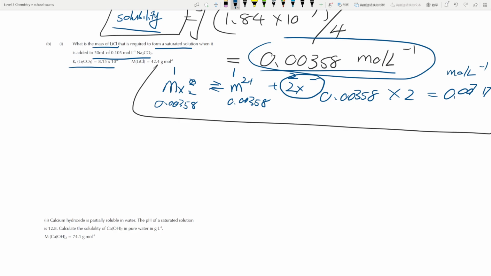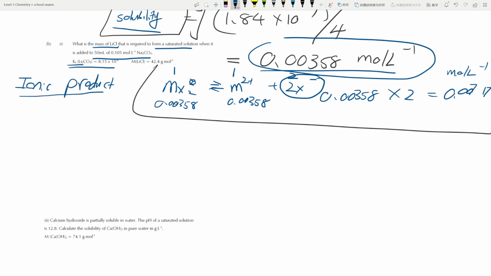You obviously need to compare the two values, because the Ks, like I mentioned in multiple of my examination videos previously, think about the Ks as your university entrance, and then you look at your ionic product. The ionic product is what you actually get for your results from NCEA, for example, and then you compare your ionic product versus the Ks.